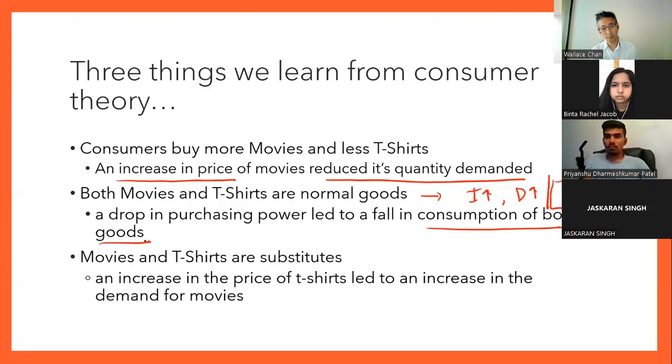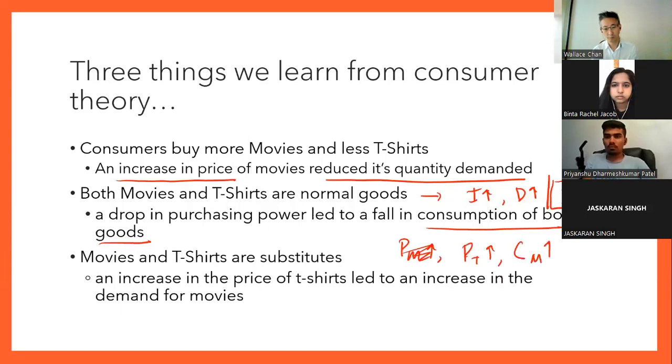Finally, you can also use this model to determine whether the two goods in question are complements or substitutes. Do you remember substitutes and complements? Again, we covered them in chapter 3. If the goods are substitutes, then if the price of t-shirts went up, the consumption of movies would go up.